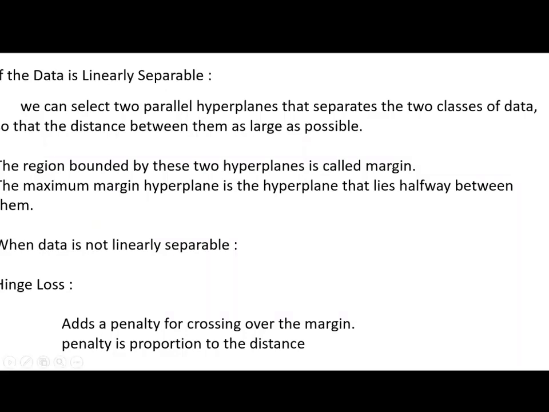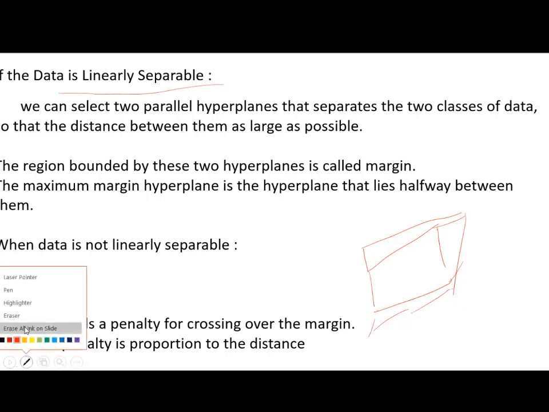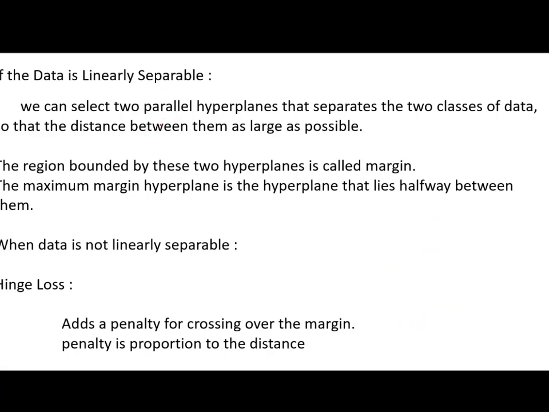Now, let us see. If the data is linearly separable, we can select two parallel hyperplanes, right? If it is two-dimensional, we can easily visualize it. Three-dimensional, we can visualize it as a plane. But if it has more than that, we cannot even visualize it. Anyhow, we select two parallel hyperplanes that separate the two classes of data so that the distance between them is as large as possible.